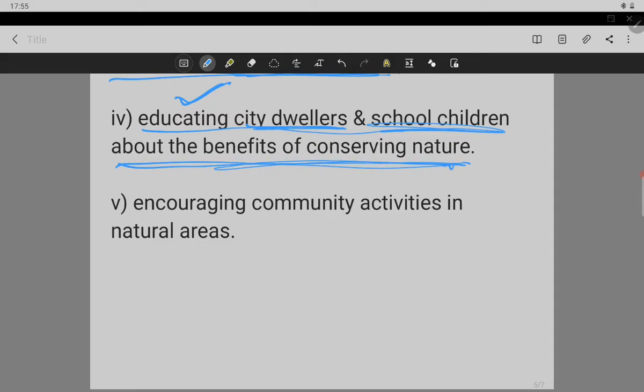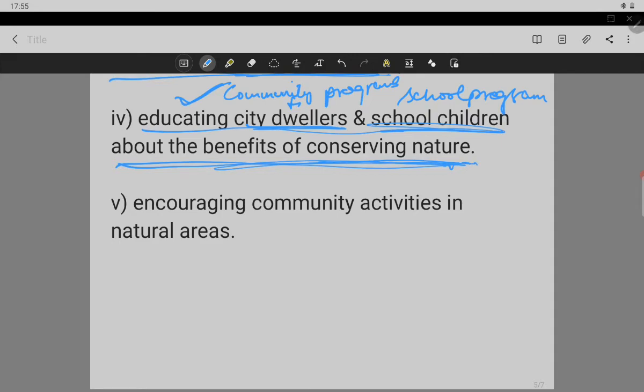So, there should be school programs, for example, or there should be community programs for city dwellers. If we educate people, if we educate children, even the next generation will know how important nature is and how important conserving it is.